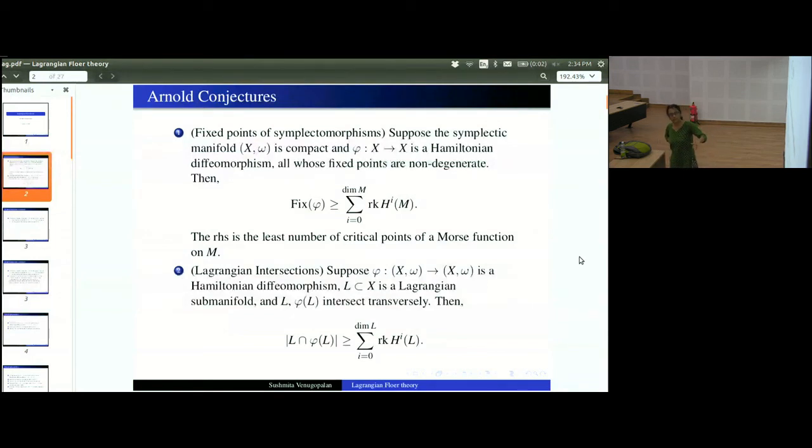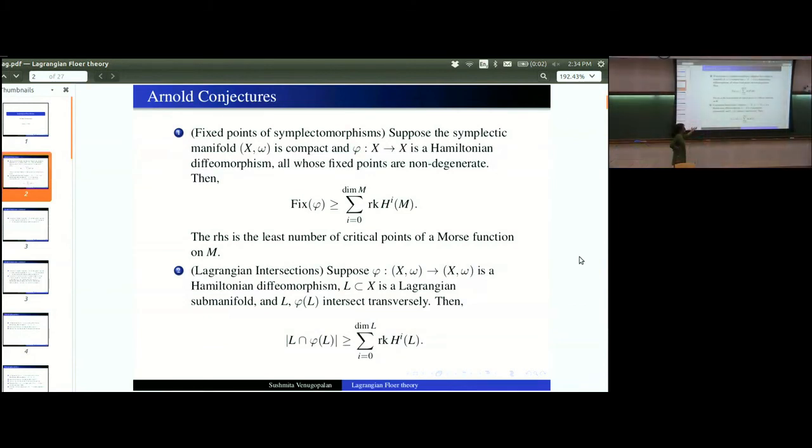And another conjecture of Arnold, which is on Lagrangian intersections, goes as follows. You have a symplectic manifold and a Lagrangian submanifold, and you apply a Hamiltonian diffeomorphism such that the Lagrangian and its image under the Hamiltonian diffeomorphism intersect transversely. So it makes sense to count the number of intersection points.